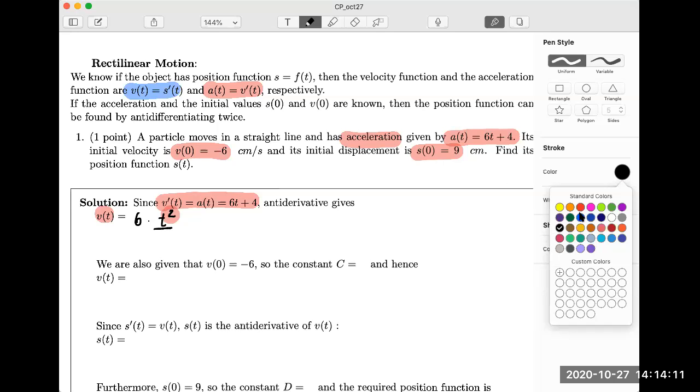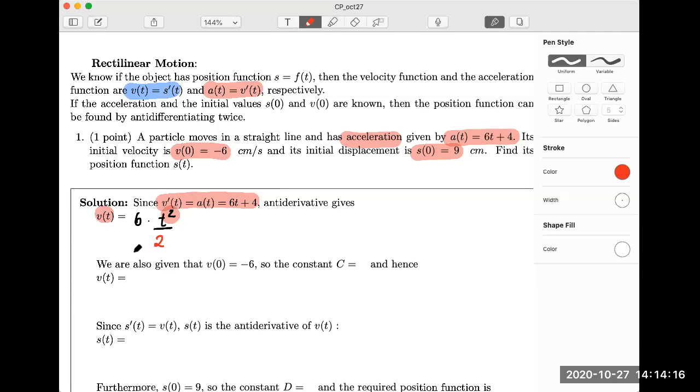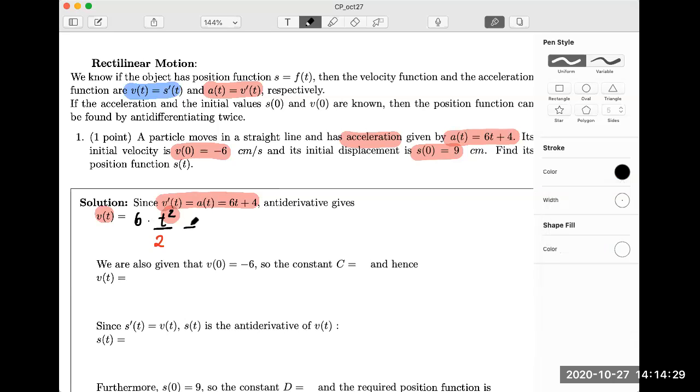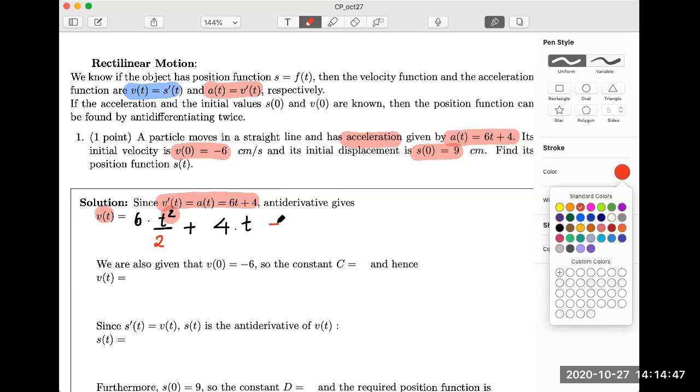Divided by 2. Okay? And the antiderivative of 4 should be? What is it? Yeah, in this case, 4t. T is the variable. Very good. And for the most general antiderivative of this, we should add a constant c, right?